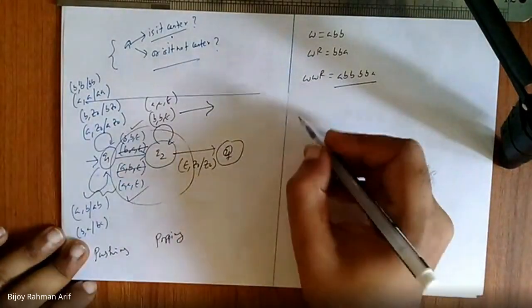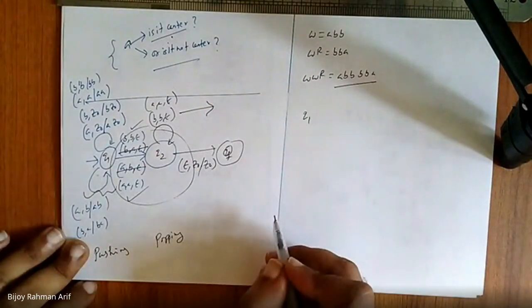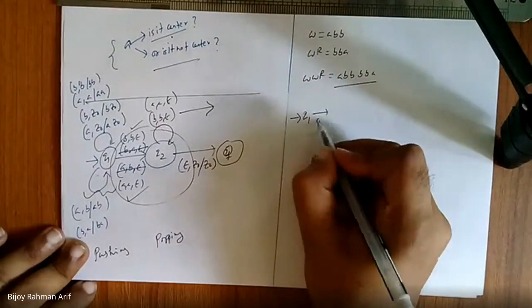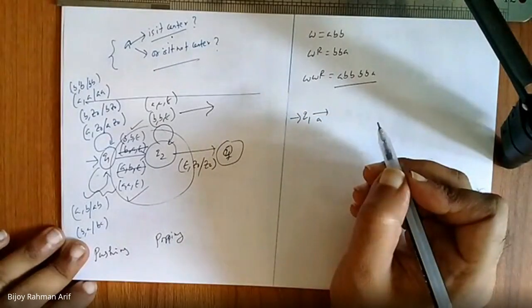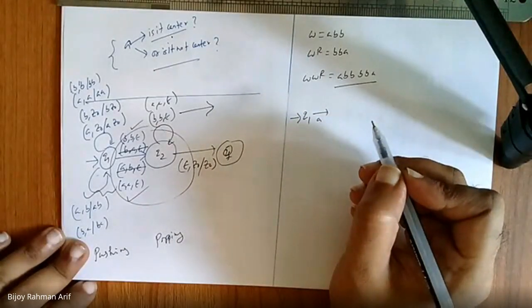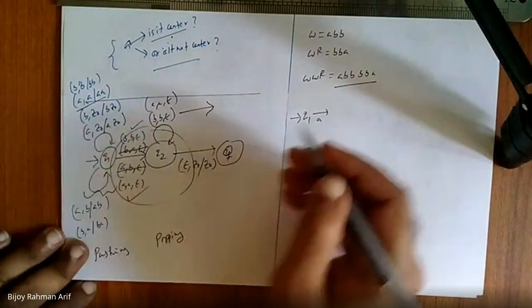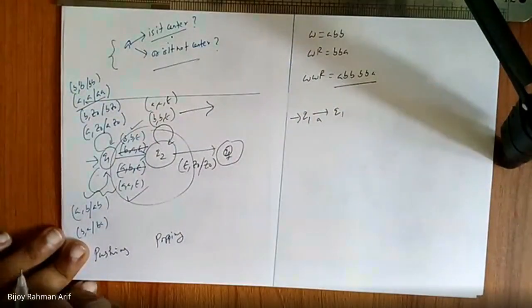Let's say I'm in the Q1 state, getting A. Where should I go? Getting A, there is a move like this. So either I can stay in Q1, anything else?